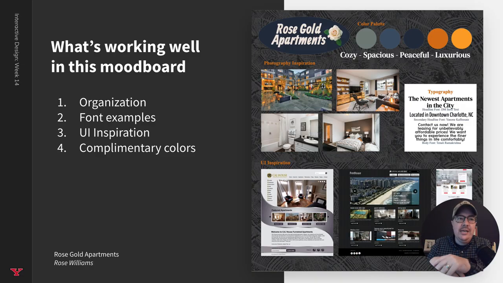Good font selections, font examples also of the headlines, and then the body copy there, and then the UI inspiration. Again, we're talking about showcasing those examples. You want to be able to have them large enough so that you can get the gist of the inspiration of the design itself. And we've got some really nice complementary colors here on this mood board.